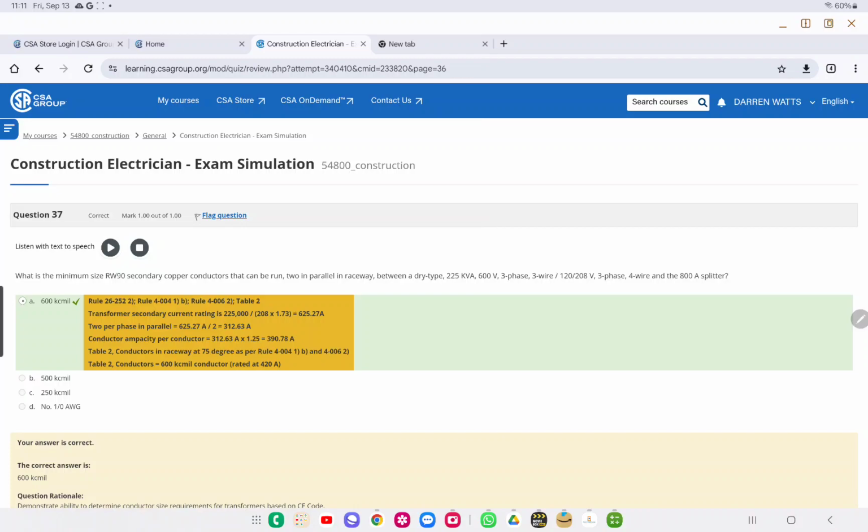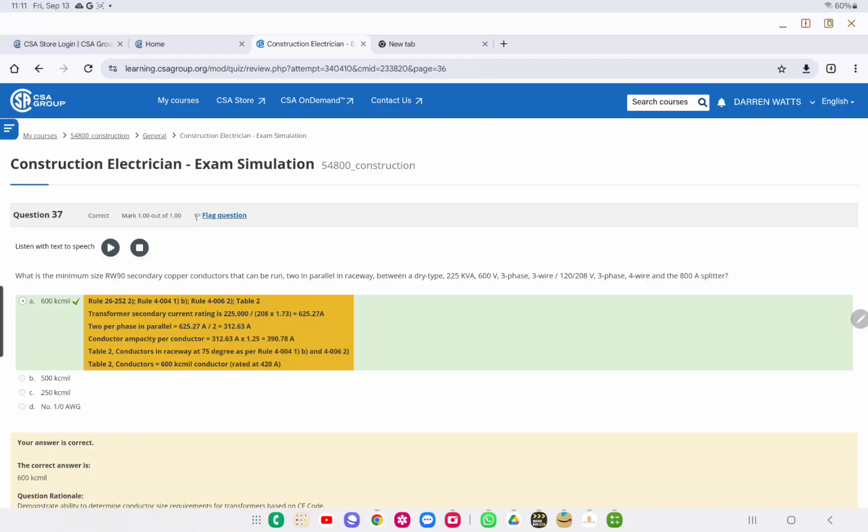Once we get our 625 amps, they said they want this in 2 parallel runs in a raceway, so we divide that by 2 and get 312.5 amps.